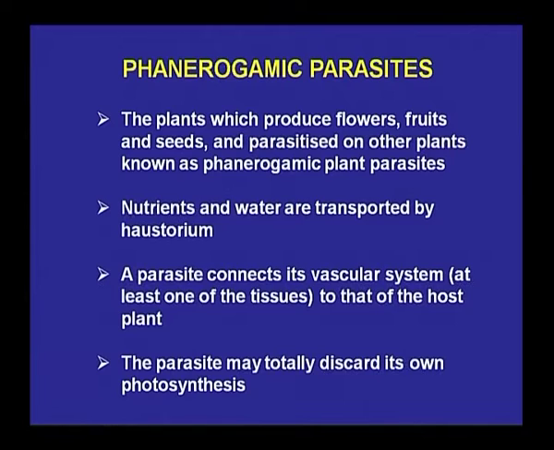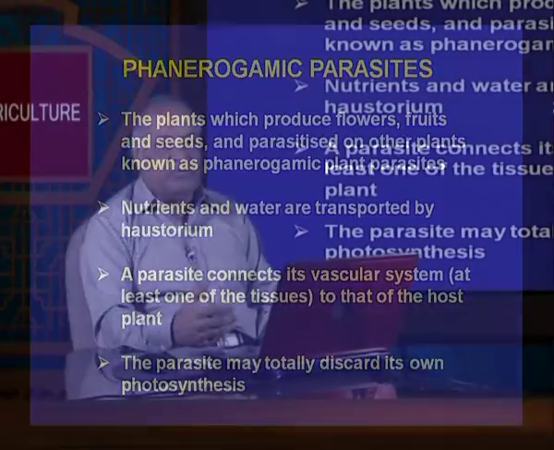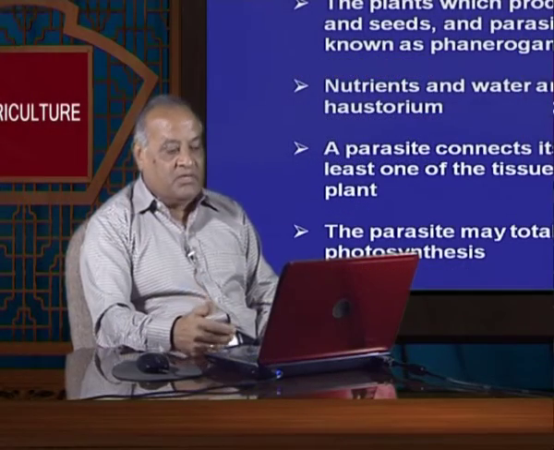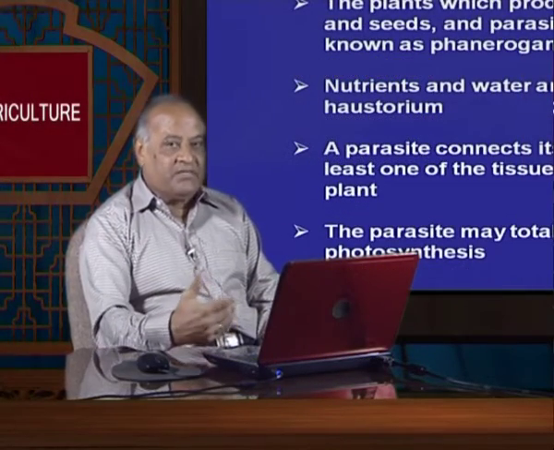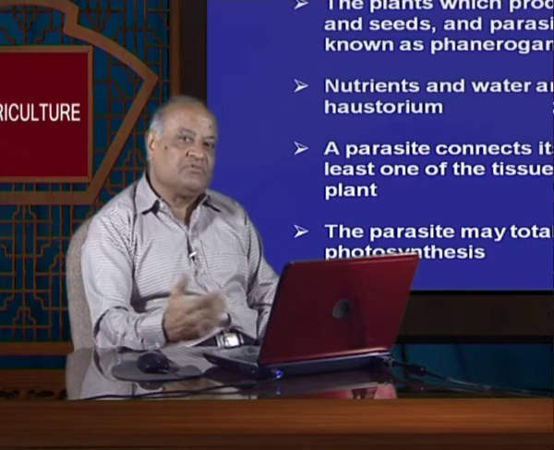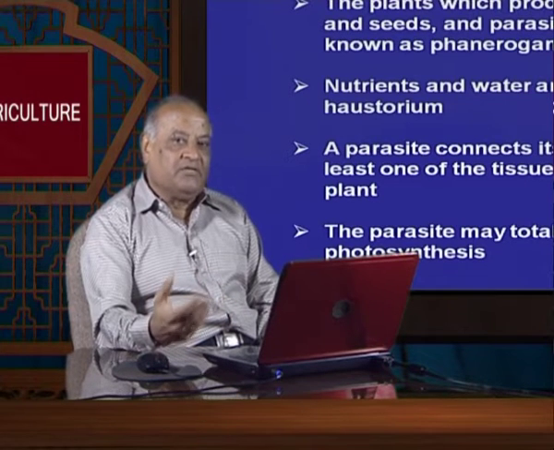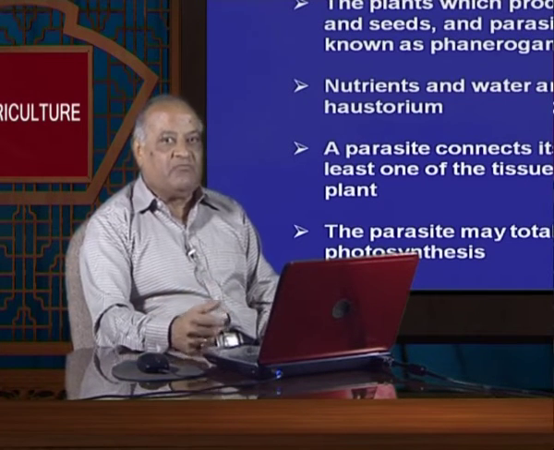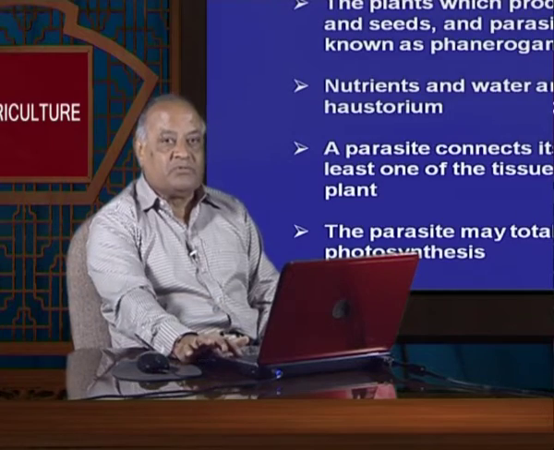Parasites may totally discard their own photosynthesis process, and in fact they connect their vascular system to the vascular system of the host plant, and they draw the nutrients and water for their own growth.